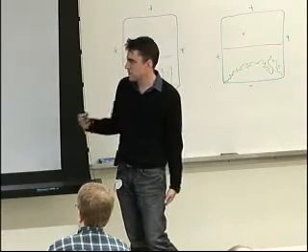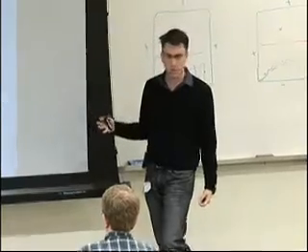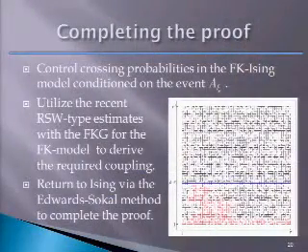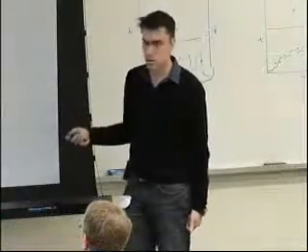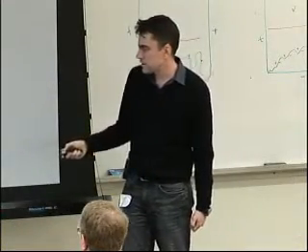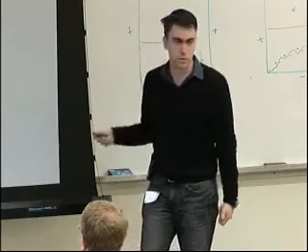But this is a decreasing event, so we can use monotonicity and the FKG inequality, and you can translate the problem into asking, if you look at the corresponding FK model, does the cluster connected to the bottom exceed, say, the halfway point?